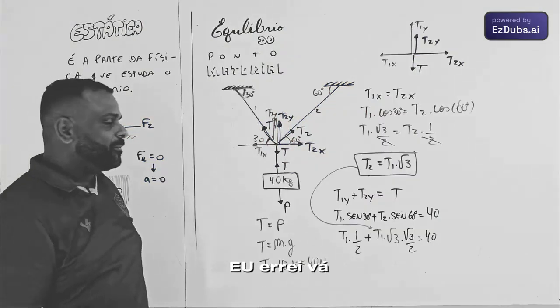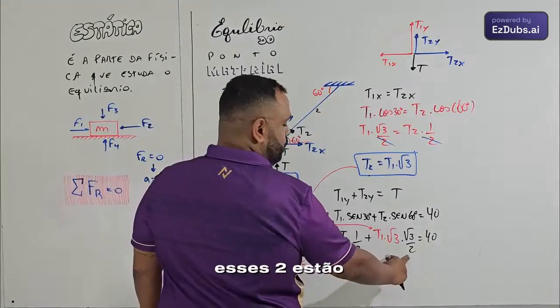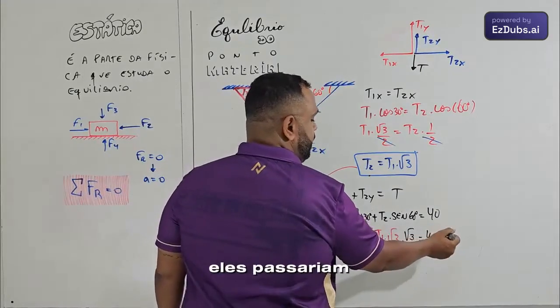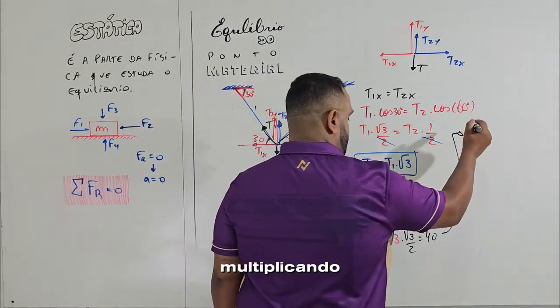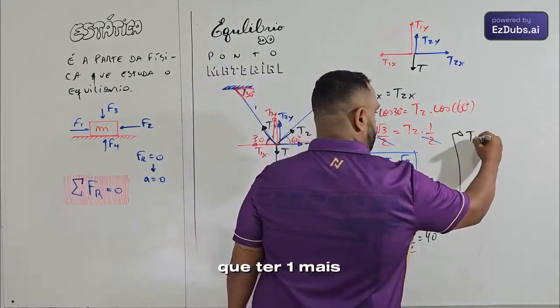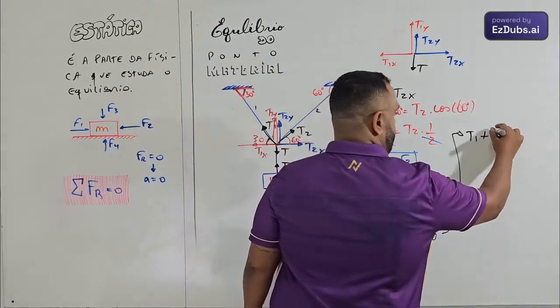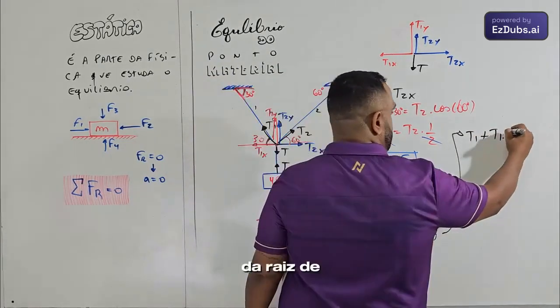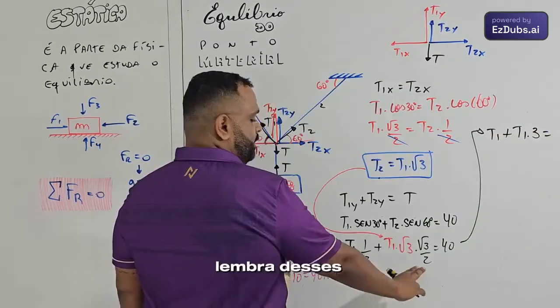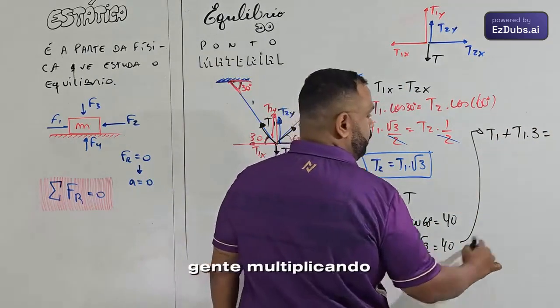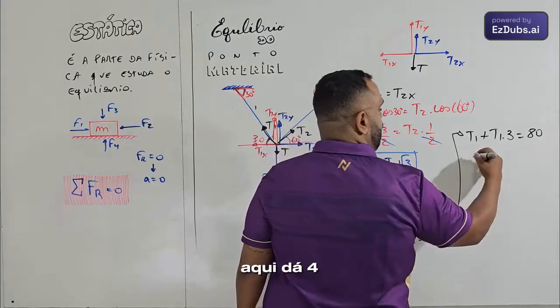I messed up. Come on. These two are dividing. They would pass to the other side by multiplying. So I have T1 plus T1 times root of 3 times root of 3, which is root of 9, which gives 3, equal to 80. Remember these two, they go multiply to the other side. It gives 4 T1 equal to 80.